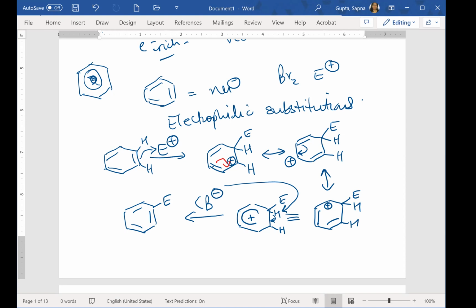You can see how important resonance was, and why Klein likes to spend so much time in chapter 2 on resonance, because we see it all the time, okay? And I hope by now you're super comfortable with resonance and you don't have any issues drawing structures out.